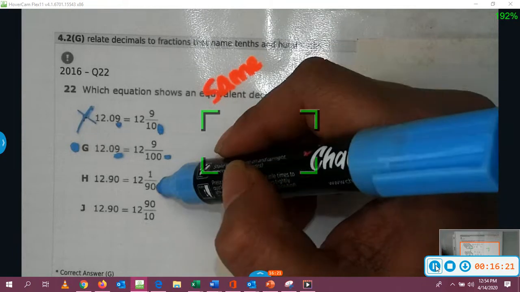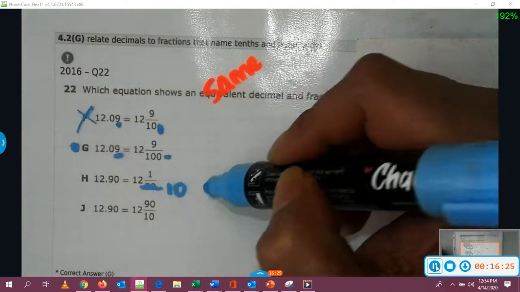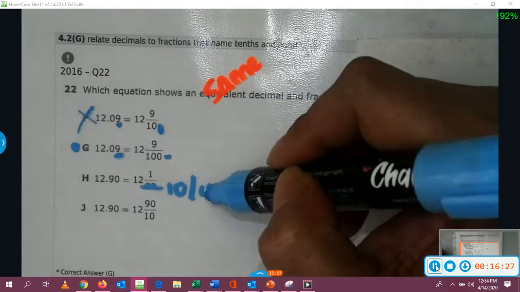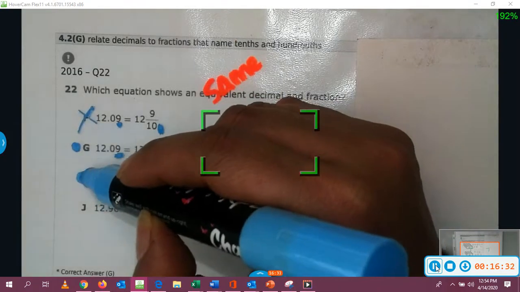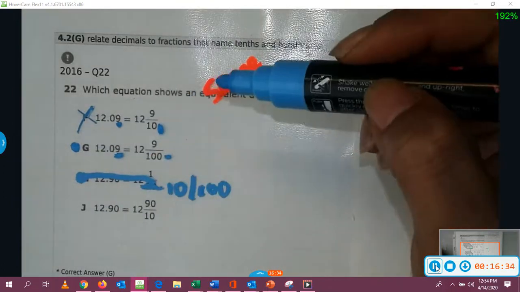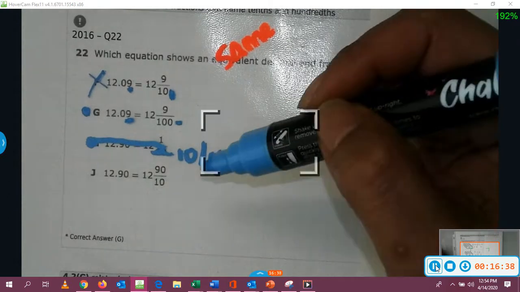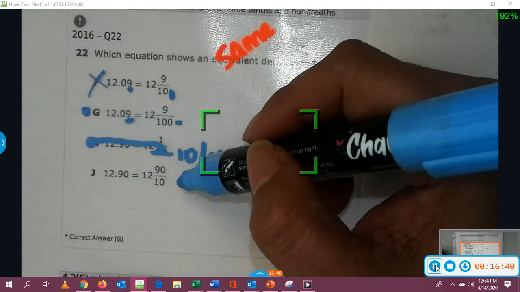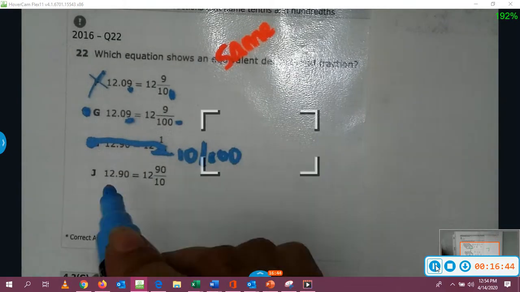This is 90. It can only be what? It should be a 10 or 100. Okay, so that is absolute garbage, period. And then you have 90 over 10. So it wouldn't read like this if it was 12.9.